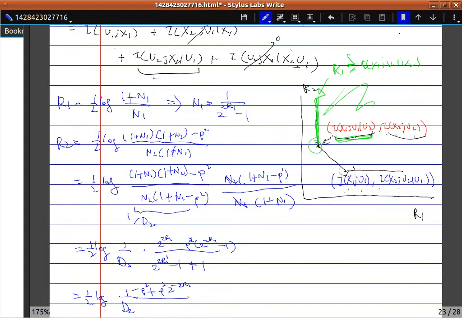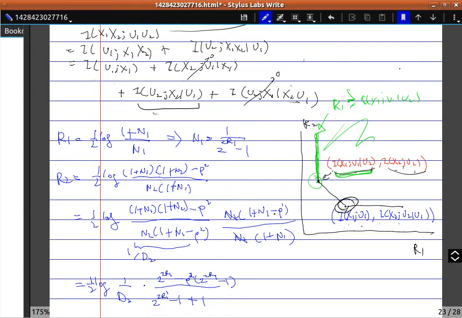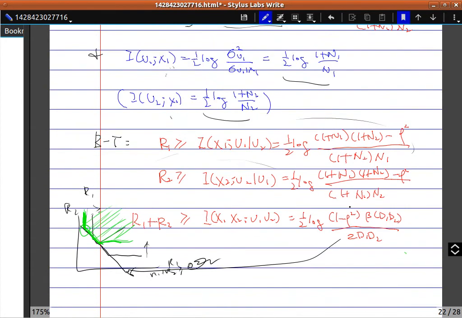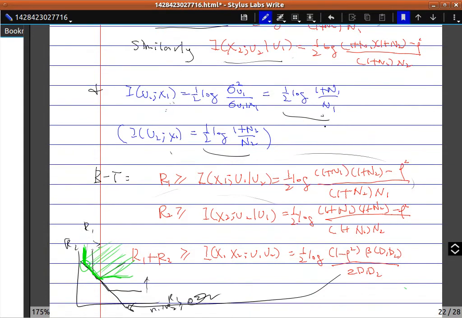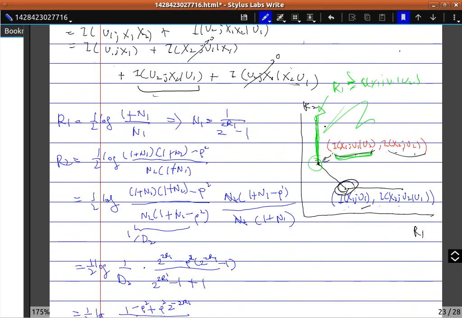Let's consider this corner point here. R1 is equal to I x1 u1, and we have computed that I x1 u1 is equal to 1/2 log 1 plus m1 over m1. So from that, m1 will be equal to 1 over 2 to the 2r1 minus 1.